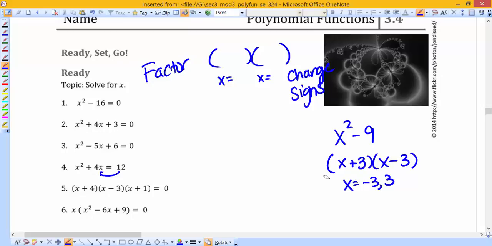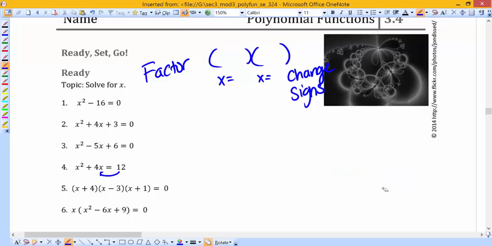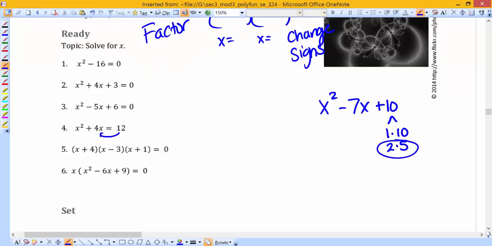So that's one example. If you guys need that, you can always rewind it, pause it, write it down. Here's another example. x squared minus 7x plus 10. What multiplies to 10? 1 times 10, 2 times 5. Well, how do I get a negative 7? I'm going to use 2 and 5.